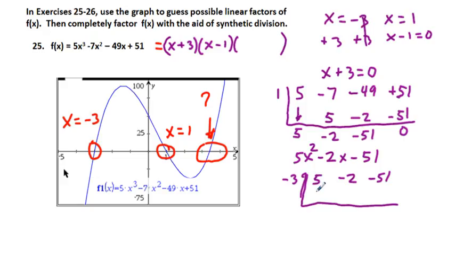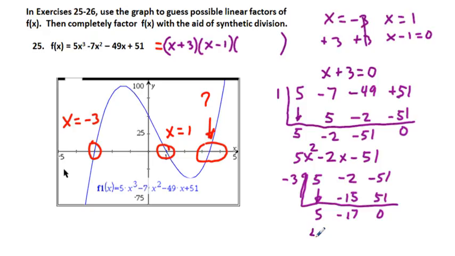Working that out, we come down to 5x, and negative 3 times 5 is negative 15, excuse me. And negative 2 plus negative 15 is negative 17. Negative 3 times negative 17 is positive 51, so we get a 0 here.